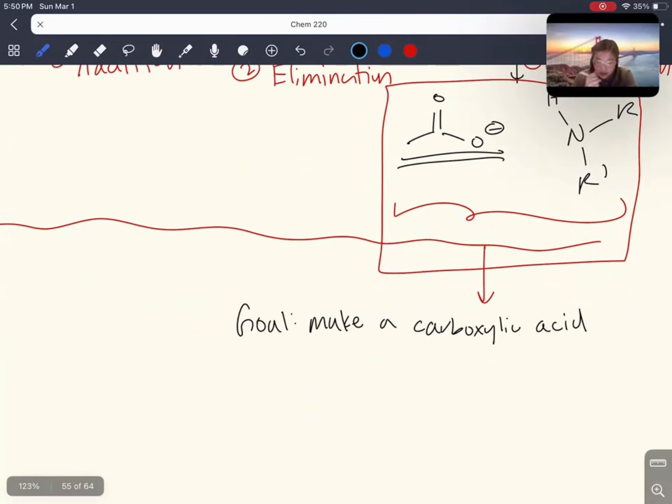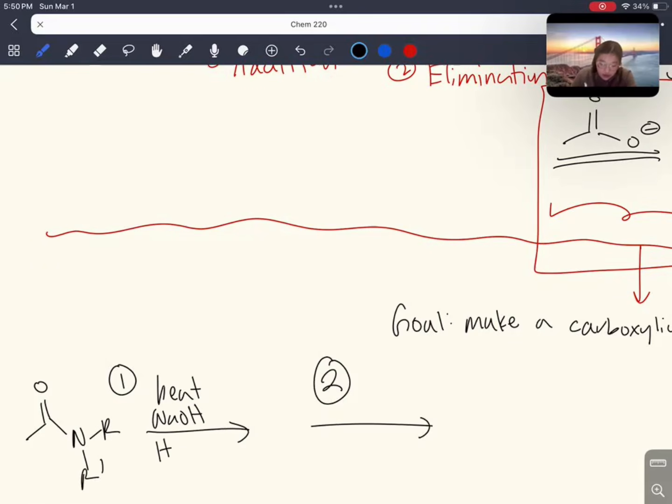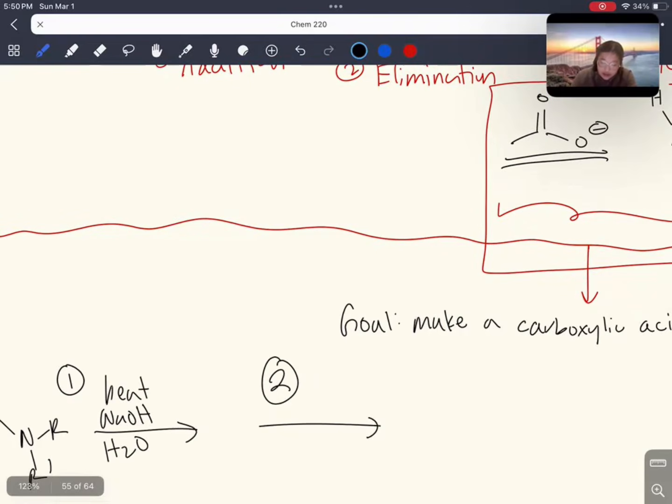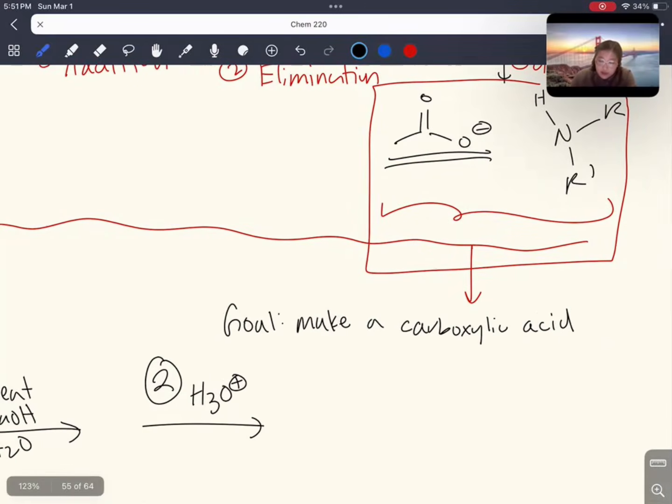Your first step, if you started from an amide, would be to add heat, NaOH, H2O. Your second step would be to add acid, something like H3O plus, because when you add acid, you can protonate this carboxylate ion to become a carboxylic acid. And there, now we have our carboxylic acid.